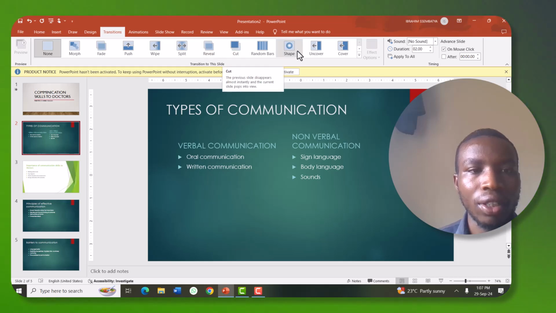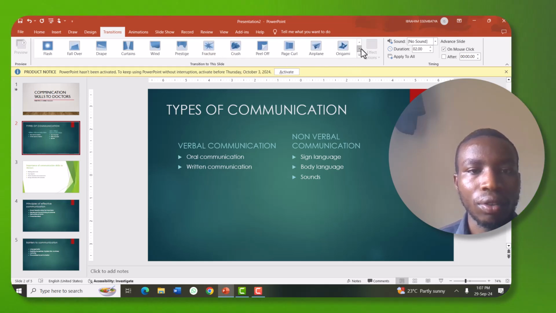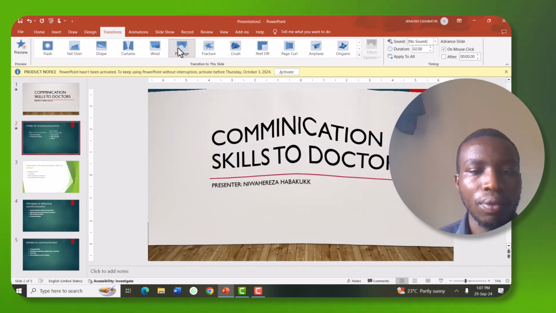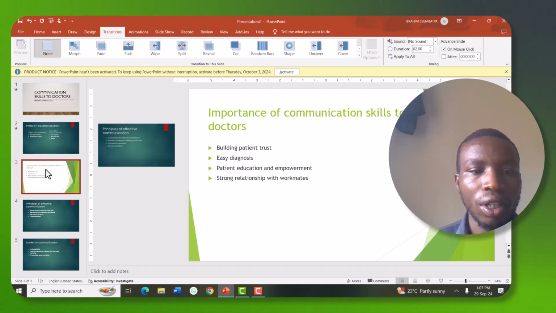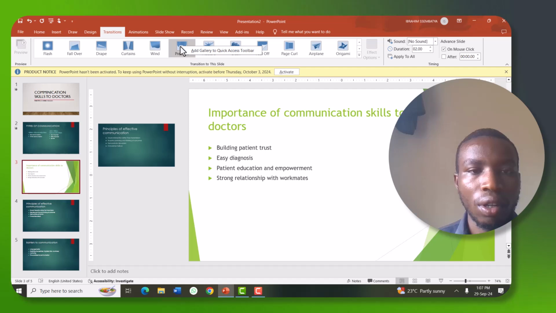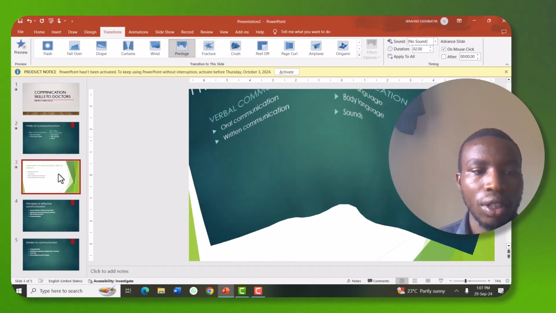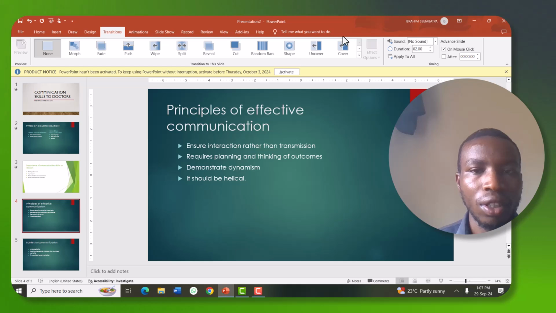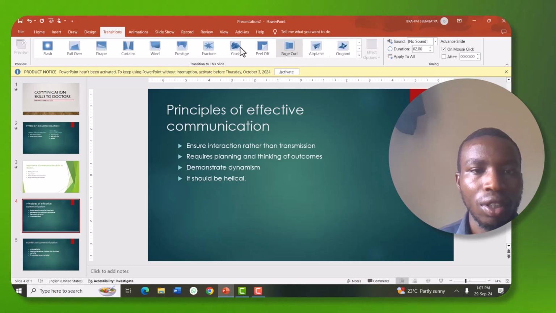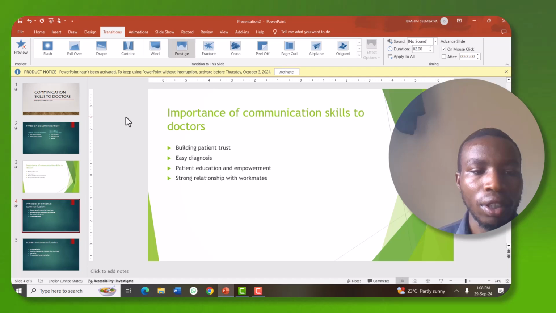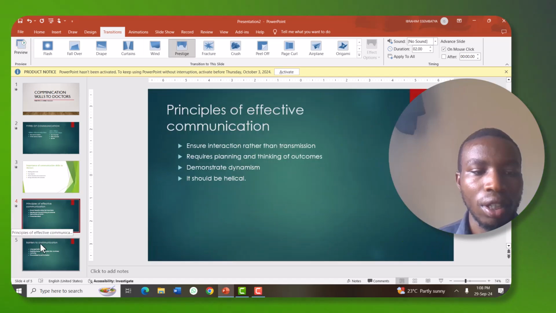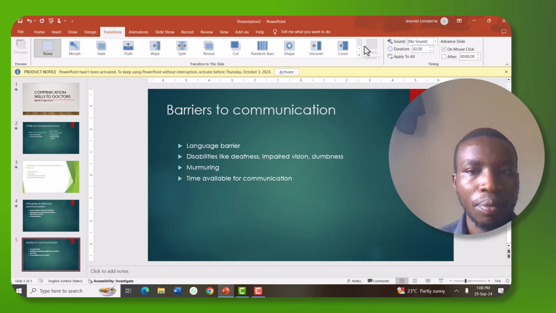You can even apply the same transition on all slides to make it coherent. Don't overuse different transitions on different slides. They will be boring. They will bore your audience.